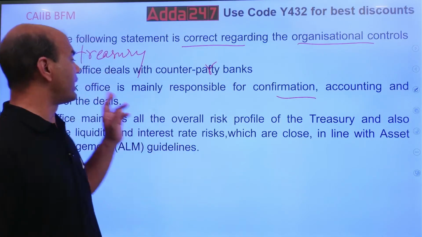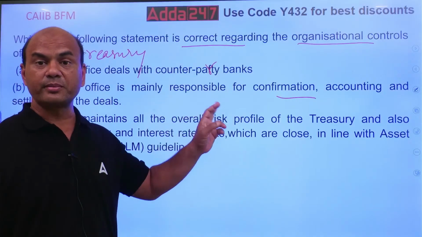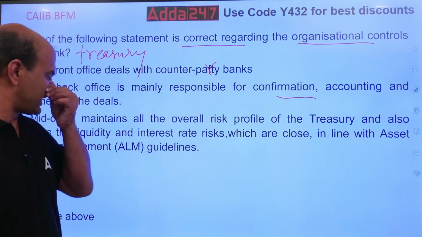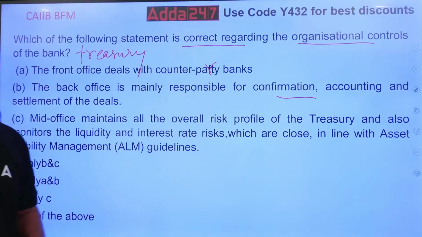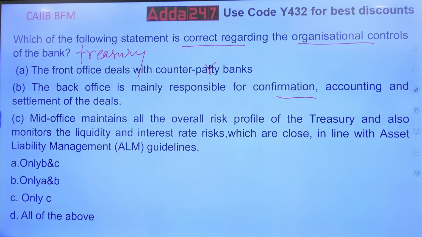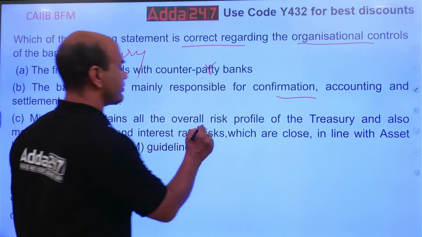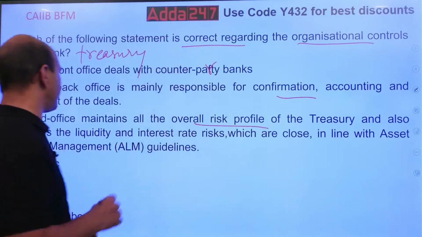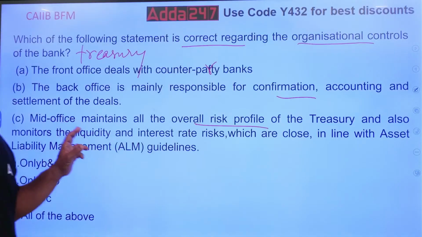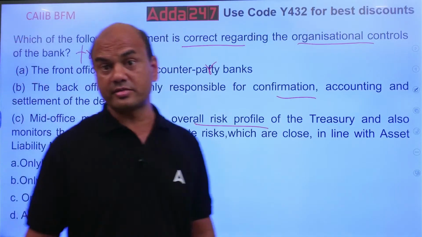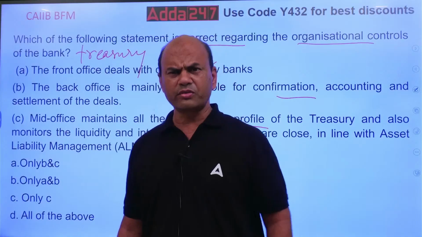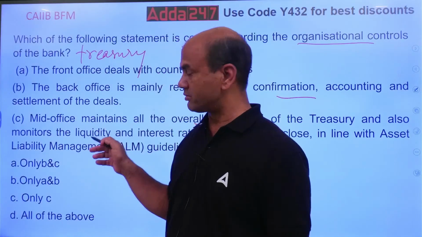Okay. So back office is also responsible for confirmation, accounting, and this settlement of deals. Mid office manages the risk profile, overall risk profile. So this is the main department, mid. This is the main department in banking, in treasury. Of course, all are important, but main one.